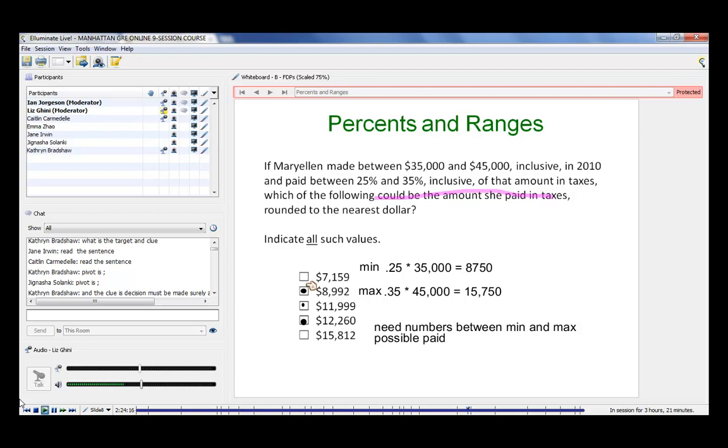Yeah, I just had a few people pick up the last one. That 15,750 is not 15,812, and they know you have a calculator. So for something like this, they can go right up to the line. Estimating won't work as well as it worked on the old GRE. Any questions? This whole thing with min and max, does this one make sense?